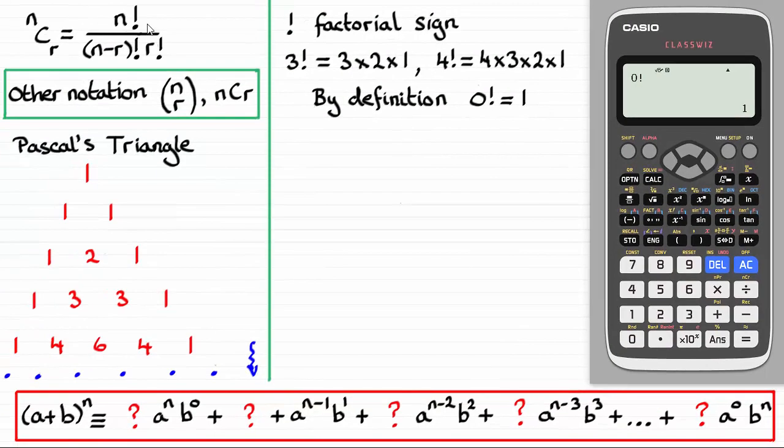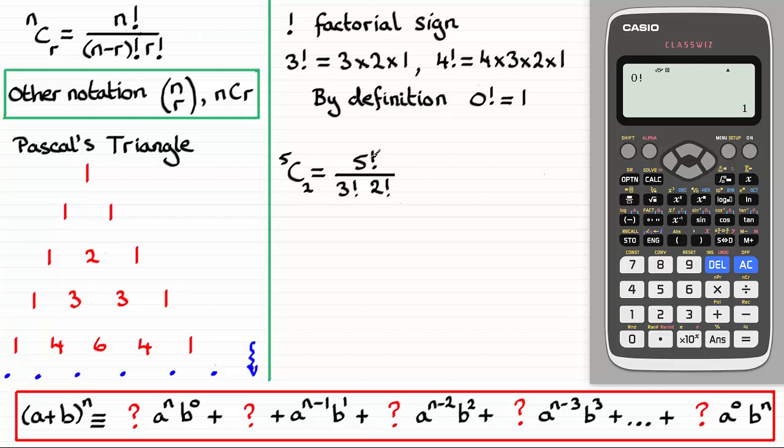Now returning to this formula here for nCr, we've got n factorial all divided by the result of n minus r factorial times r factorial. So let me just give you an example of this. Let's say we had to work out 5C2. Using the formula, n is 5, r is 2.